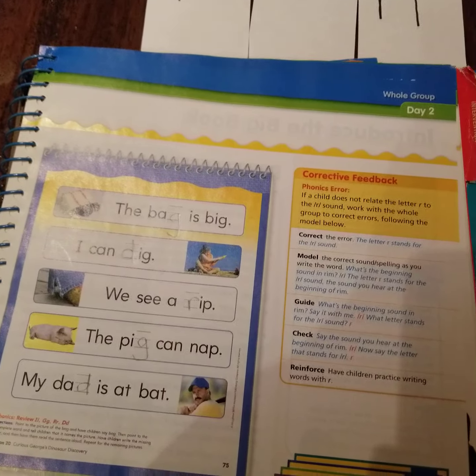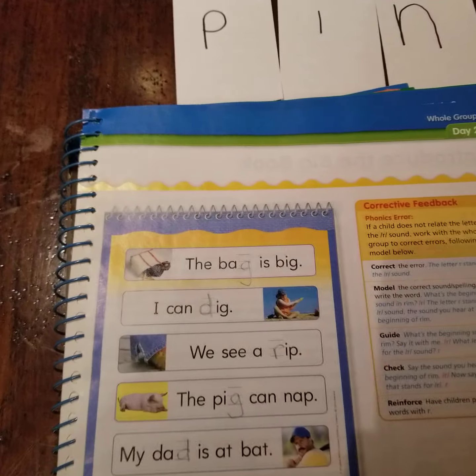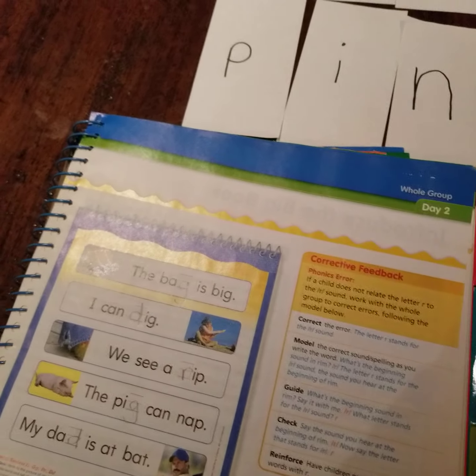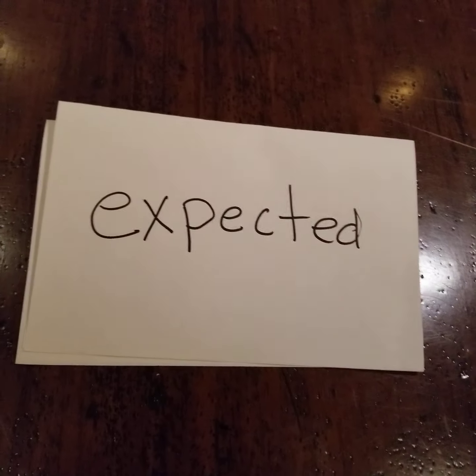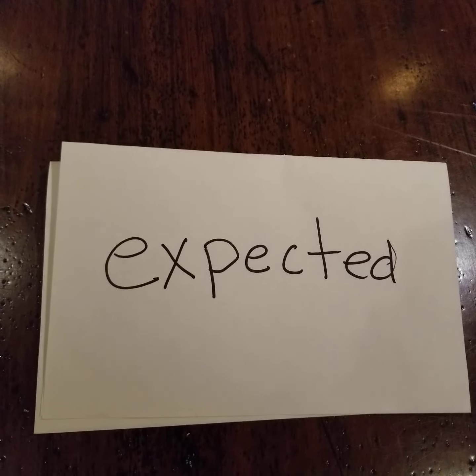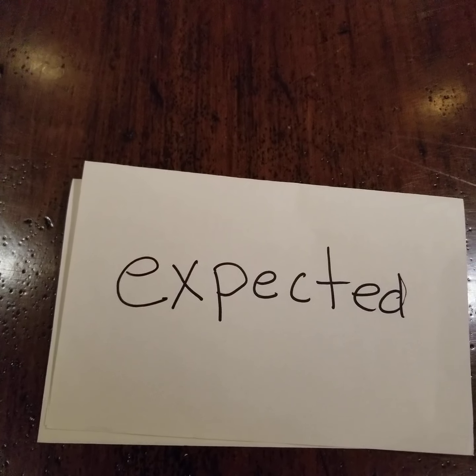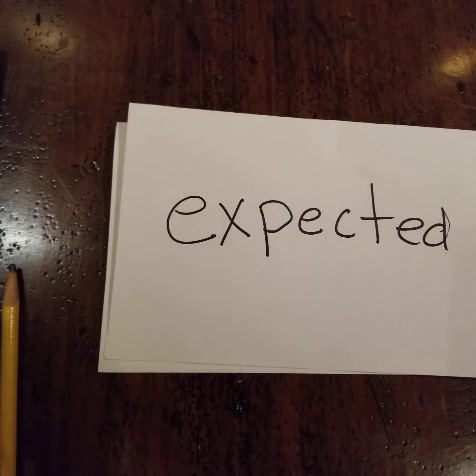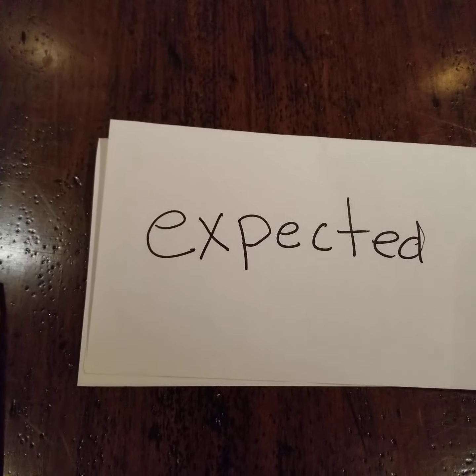All right, so I'm going to go over the vocabulary words for our story today. The first one is expected. And expected means thought something would happen. Okay? You were expecting it. You know, it didn't surprise you.